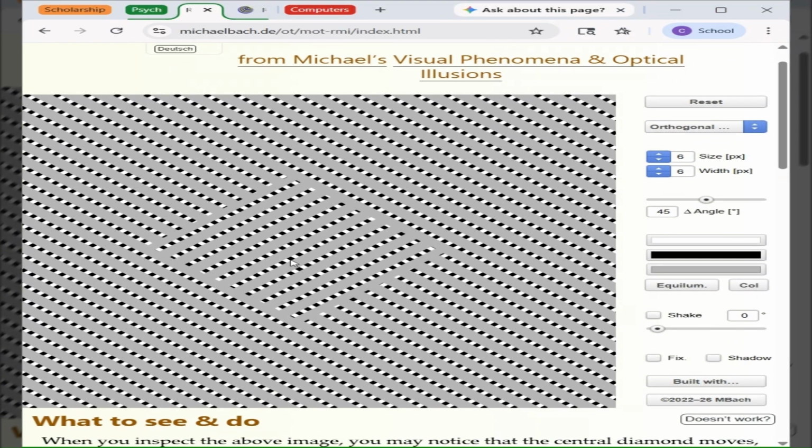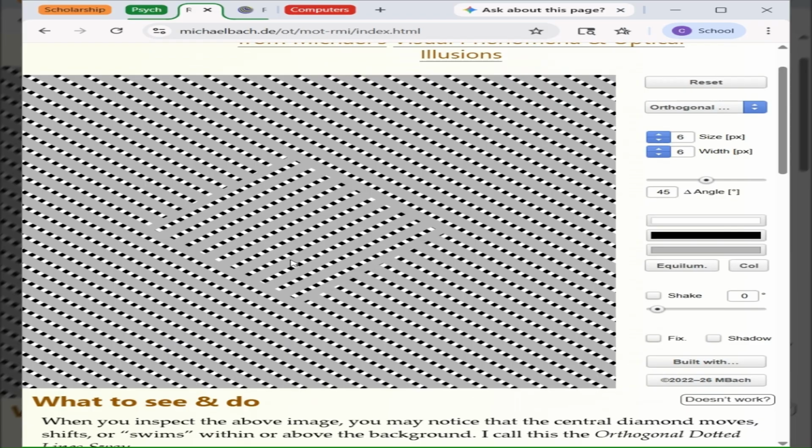At first glance, you can see that these dots are shifting, moving, and kind of vibrating in a way, but these dots are actually stationary. They're not moving, but they may look like they're wobbling, sliding, or swaying. This illusion works better when you are in a dark environment, or if you're not as close to the screen.